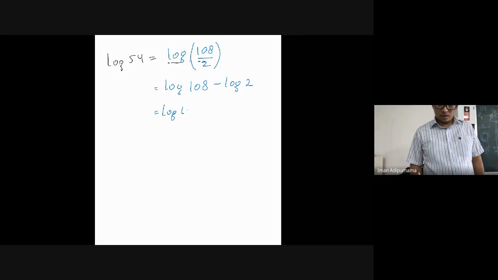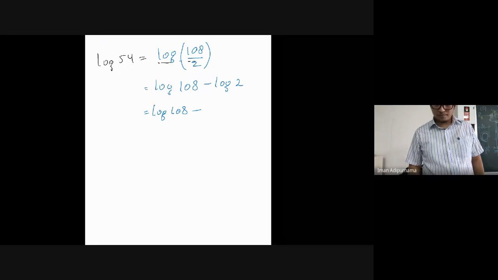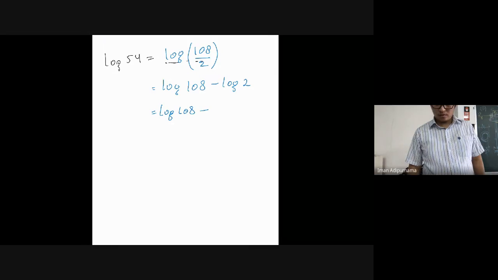So log 108 minus, I can write this as log 6 over 2. Is that correct? It's 3, right?